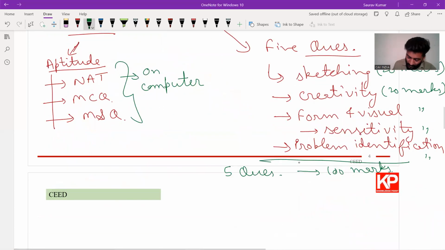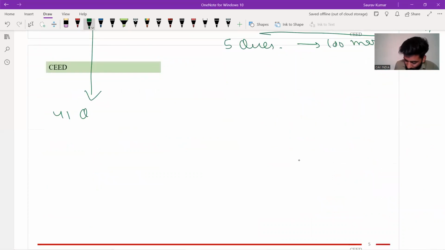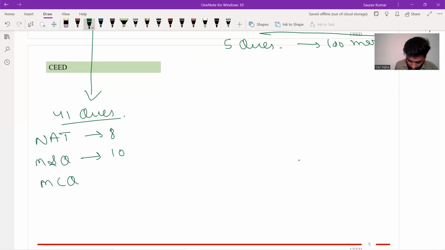Whereas if you look at this particular part, NAT, MCQ, MSQs, there are total 41 questions. Out of these 41 questions, NAT questions are 8, MSQ questions are 10 and MCQ questions are 23.